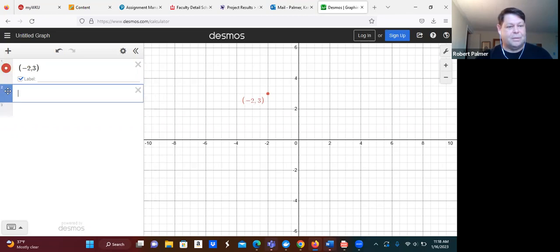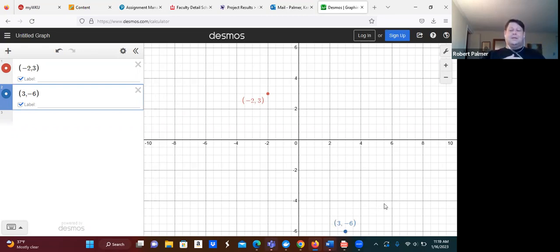Then let's do the other point, 3, -6, and label that too. So imagine the line that goes between these 2 points; that length is approximately 10.3.